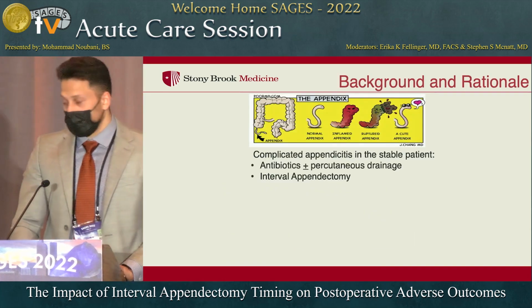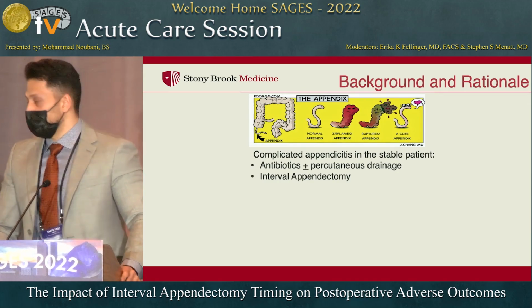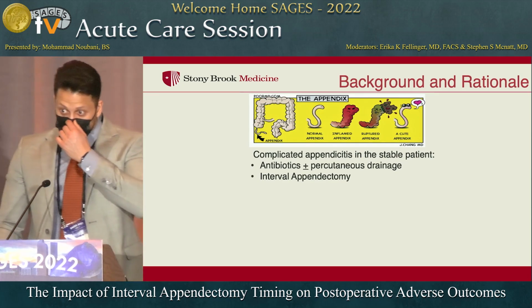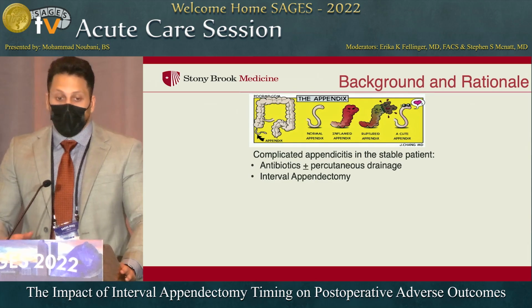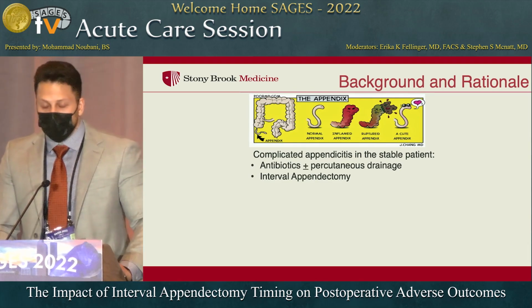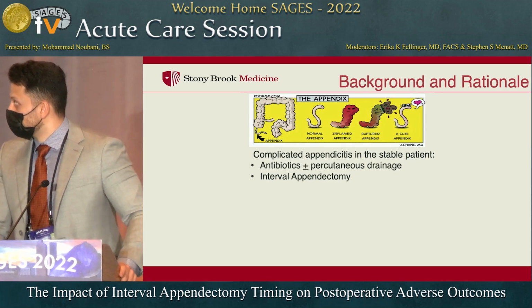So just for background, for the purpose of our study, we're going to focus on complicated appendicitis, which is defined as appendicitis with imaging findings of either a frank perforation or perforation with contained abscess.